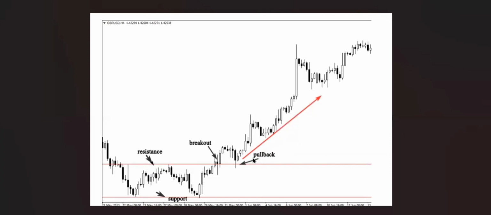The pullback is your second chance to join the buyers if you miss the breakout. If you miss the breakout, you do not just enter the market. You wait for a pullback. The pullback is what gives you a reliable entry point or entry zone.